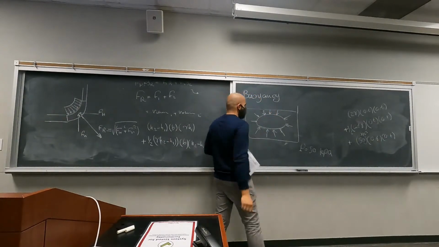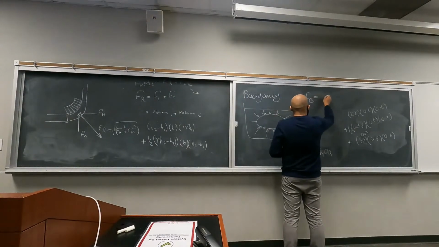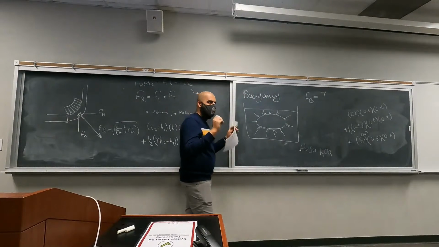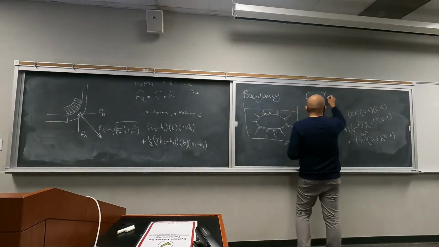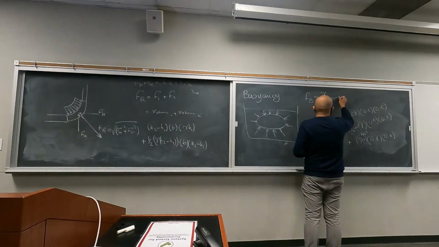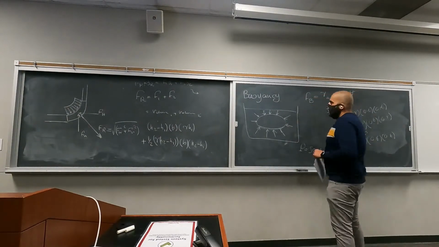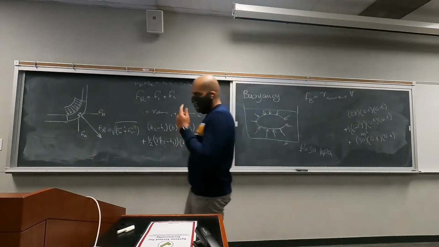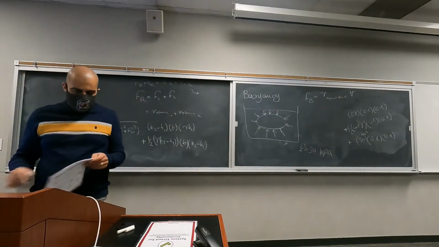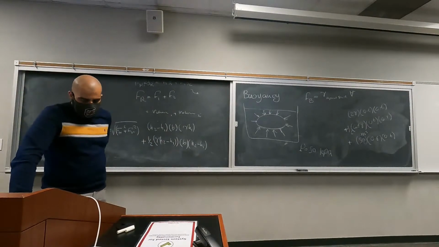So your buoyancy force is going to be gamma of the replaced fluid multiplied by the volume.